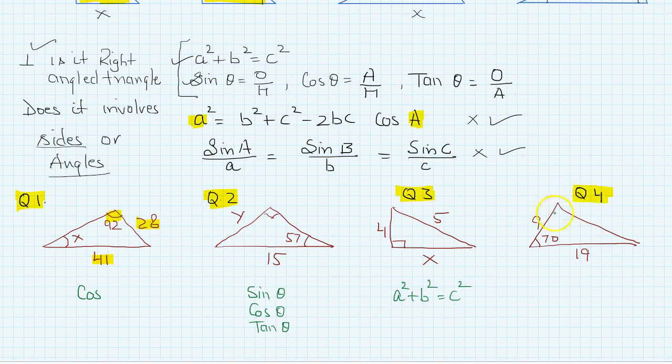Now the fourth example, is it a right angle triangle? No. So we are not going to use this, or we are not going to use this one. It may be sine rule or cosine rule. Now the sides are given and the angle between them is given.